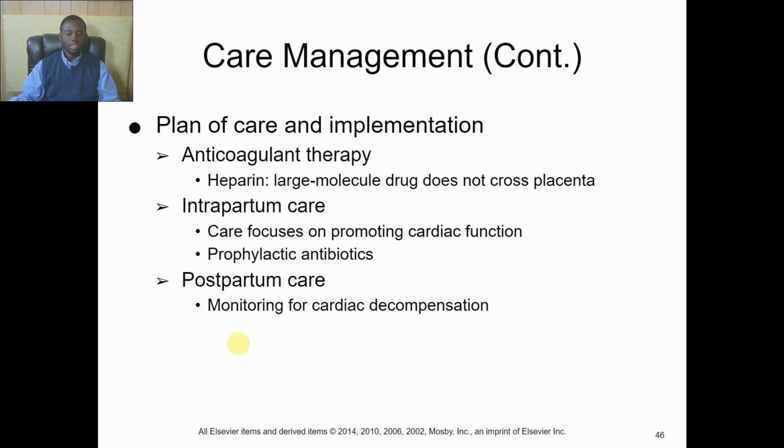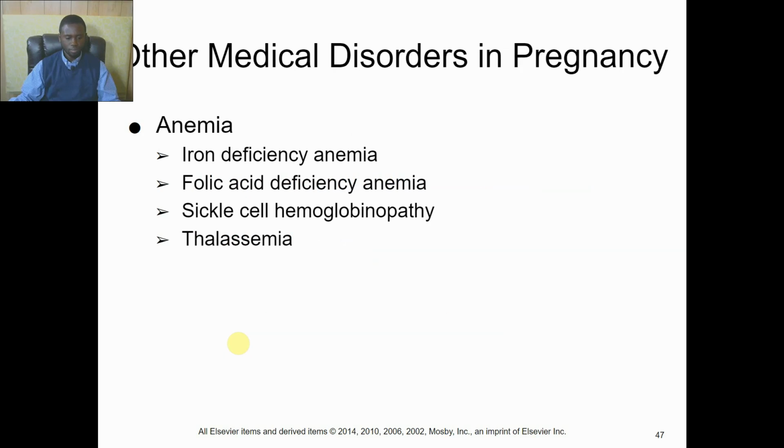And then we also will focus on preventing the onset of an infection by using prophylactic antibiotics. In the postpartum period, we will monitor for cardiac decompensation, which can lead into hypovolemic shock, and resuscitate the patient with IV fluids.